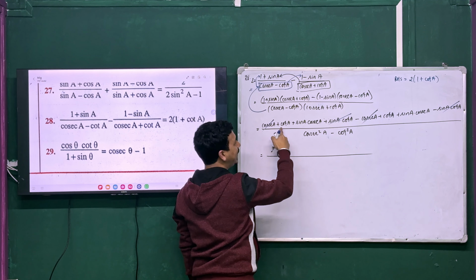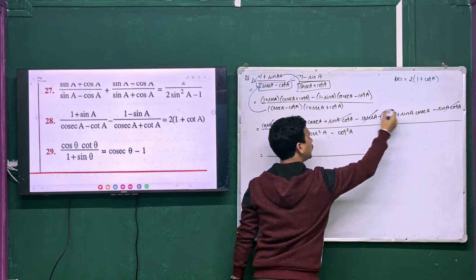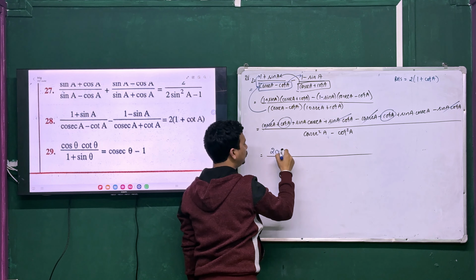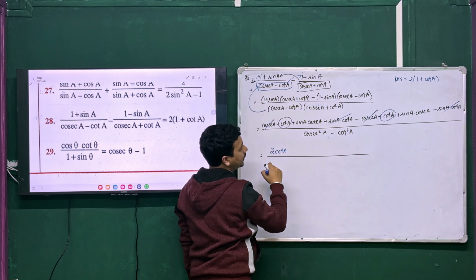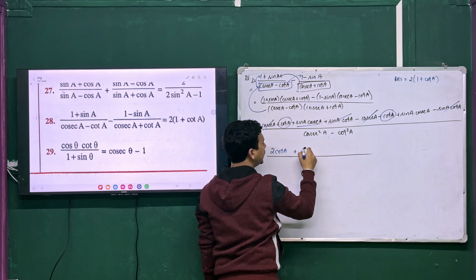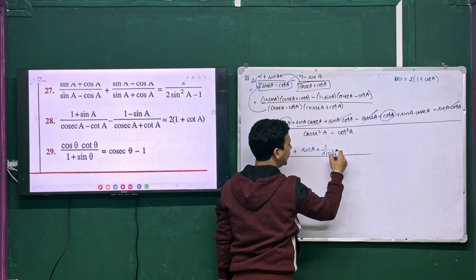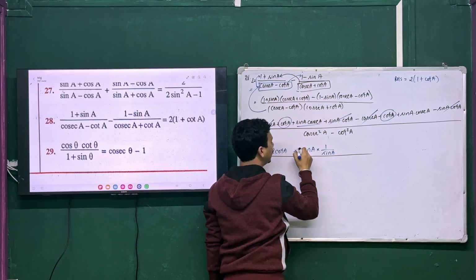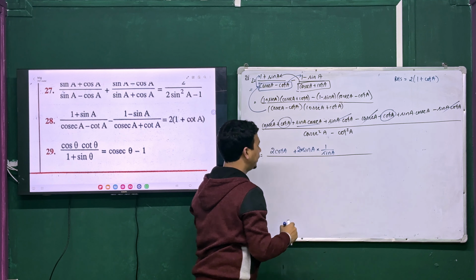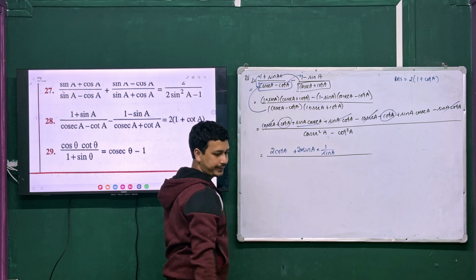So what do we have? What can we add? Cot A plus cot A will be 2 cot A. And then that's it. So this one will do what Ananya said. Sine A into 1 upon sine A. Similarly, that will also be the same. So 2 into sine A upon sine A. And what is cosec square minus cot square?